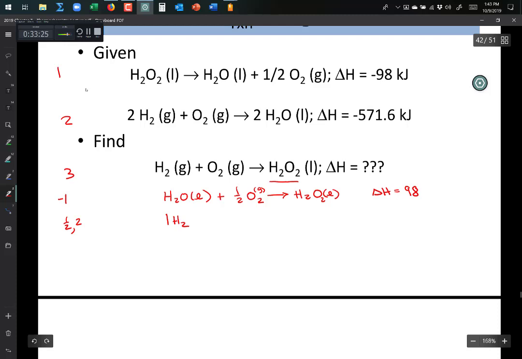What does that give me for oxygen? 1/2 oxygen, right? This is gas, and this is gas. And what does that give me for waters on the right? 1 water.